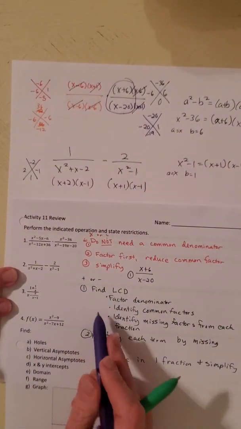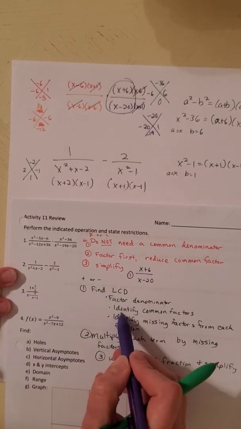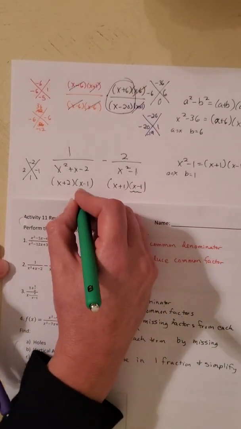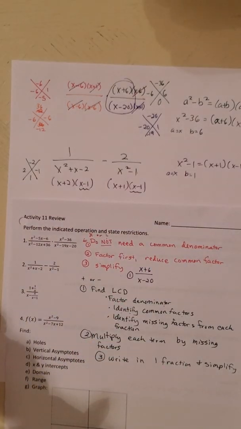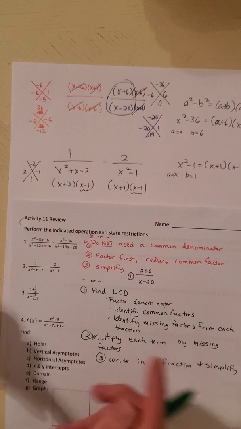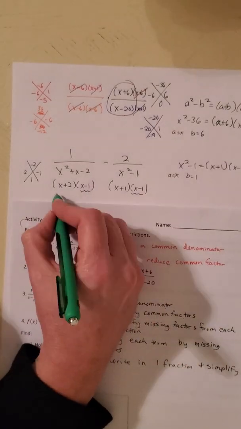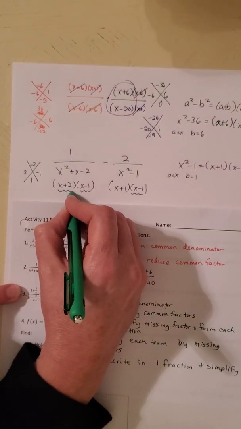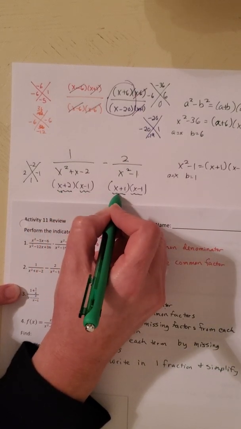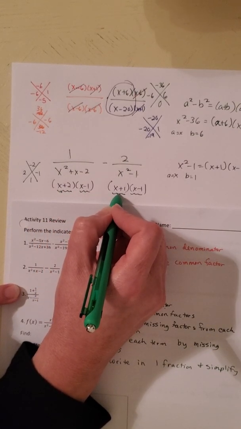All right, so now that I've factored the denominators, now I'm identifying common factors. So they do have a common factor right here, so that needs to be in my denominator. And then identifying missing factors from each fraction, this fraction is missing the x plus 1, and this fraction is missing the x plus 2.